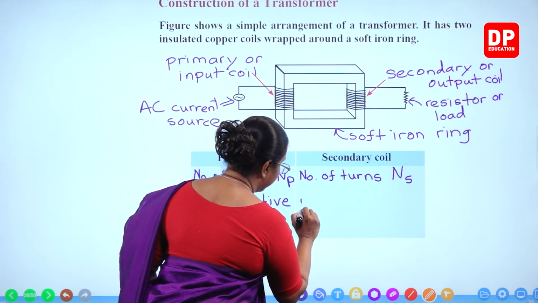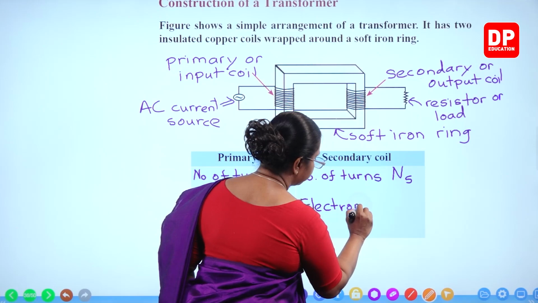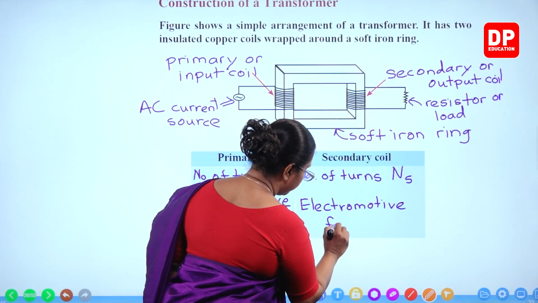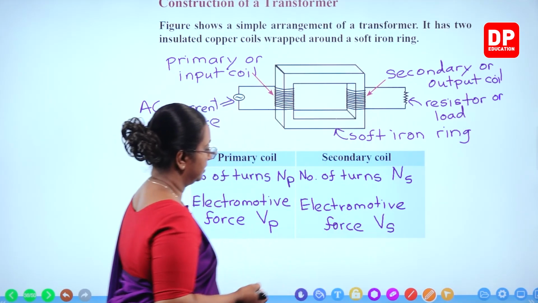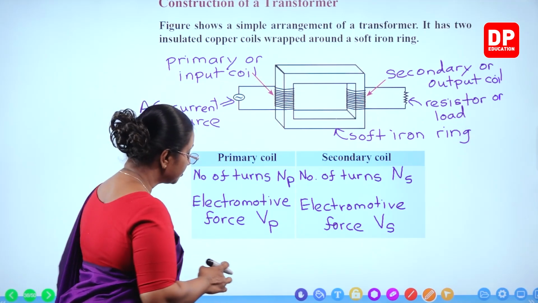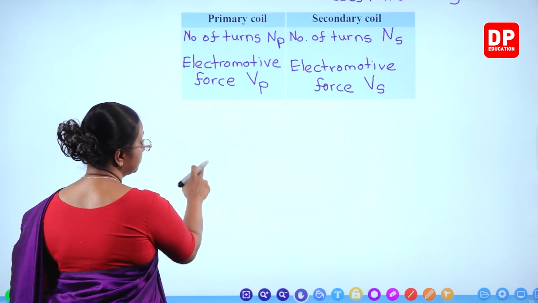The same way, the electromotive force in the secondary is Vs, V secondary. So, based on this, we can have two types of transformer.